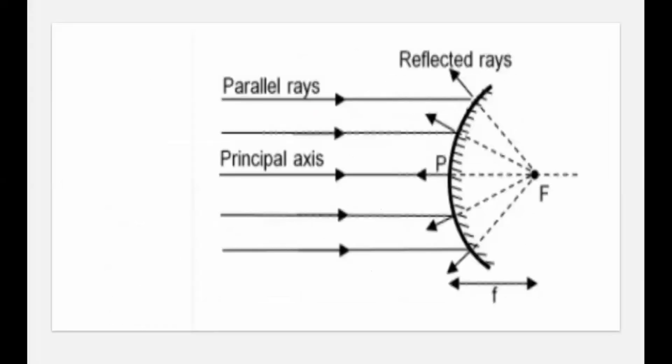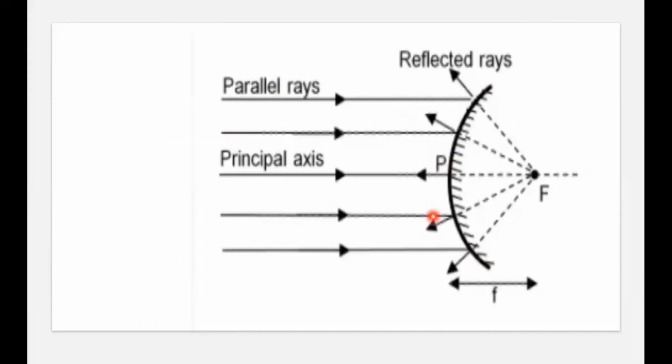Now here you can see the case is a bit different. This is going to be the polished surface for a convex mirror. The rays of light are parallel to the principal axis and incident on the polished surface of the convex mirror.